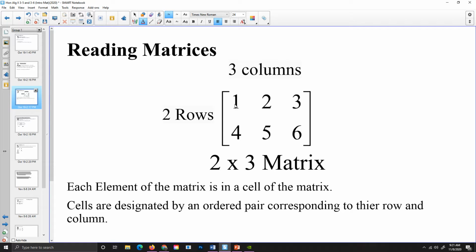This 1 is in the 1, 1 position because it is in the first row and the first column. This 5 is in the 2, 2 position because it is in the second row and the second column. And this 3 is in the 1, 3 position because it is in the first row and the third column.